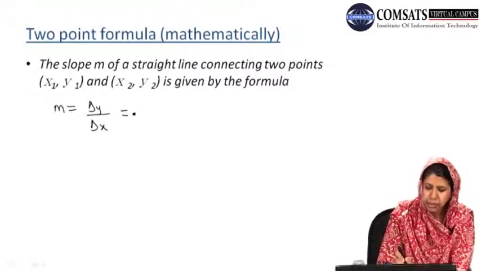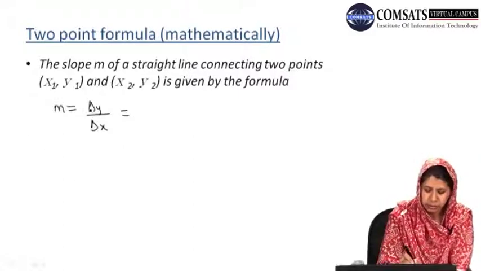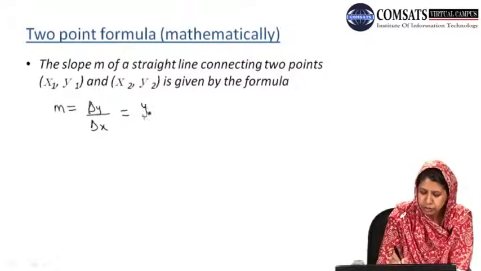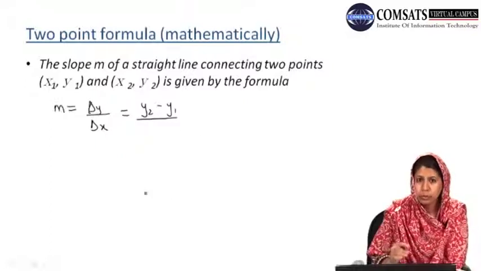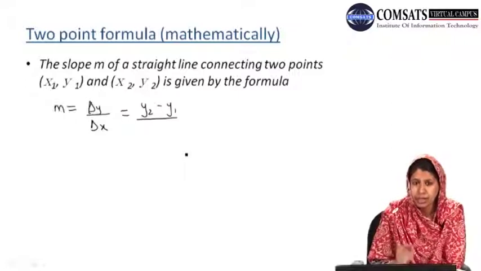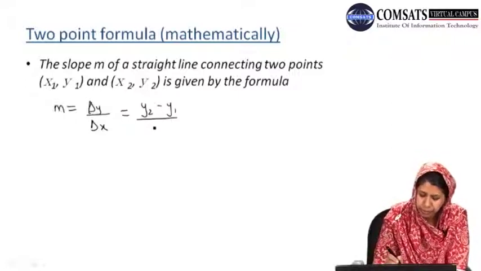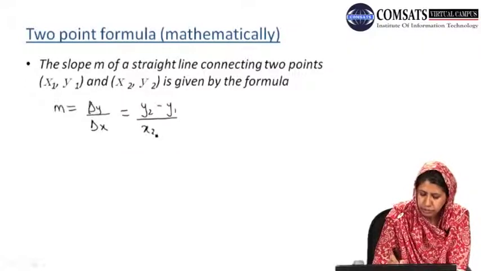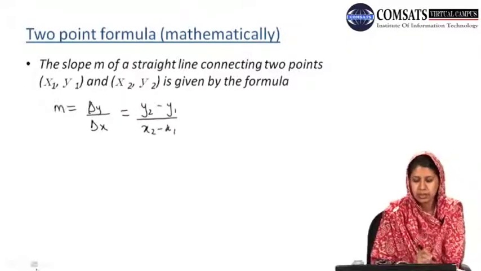And now we are given 2 particular points here. So what will be delta y? That will be the change in y, so y2 minus y1. How much the point on the y-axis, on the vertical line, has height? y2 minus y1. And how much the point on the x-axis has increased? That is x2 minus x1.